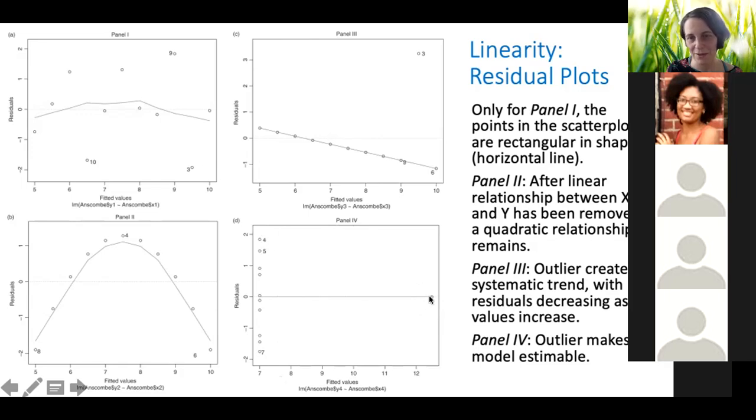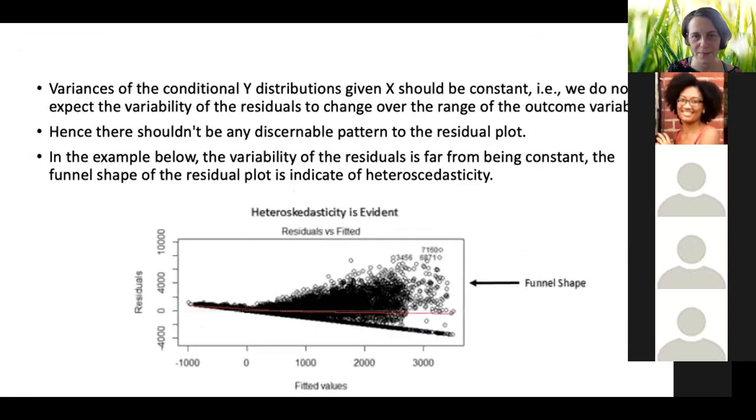But without this one value that has a different x, we wouldn't be able to fit a model at all, right? Because there's no variability in our predictor. All right, and then of course the y, the outcome variable, varies, so that's why the residuals are non-zero, right, with these values.